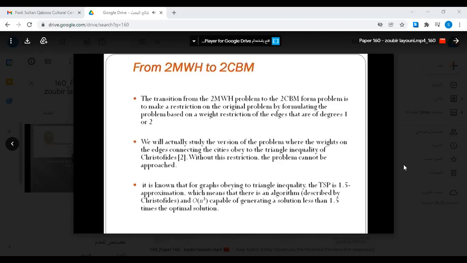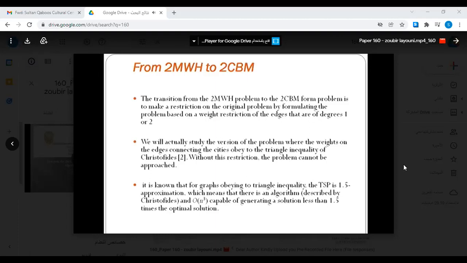The transition from the 2 maximum weight Hamiltonian problem to CBM. This is to make a restriction of the original problem by formalizing the problems based on the weight restriction of the edges, which are 1 or 2. We will actually study the version of the problem where the weights on the edges connecting the cities obey the triangle inequality of Christofides.